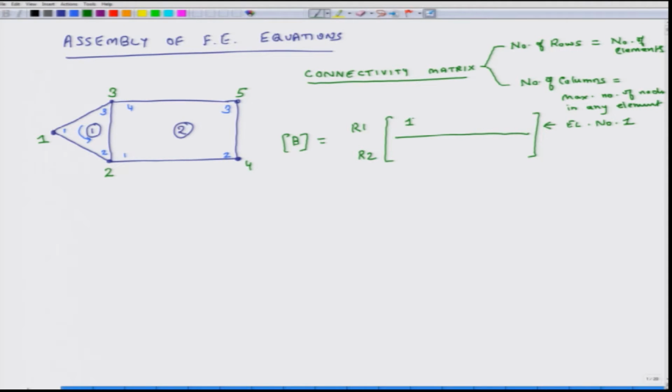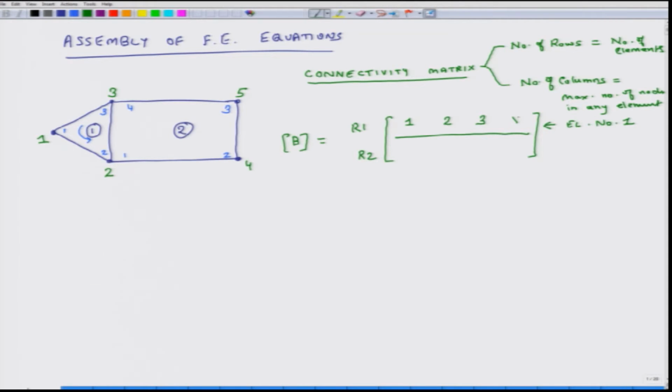So, that goes here. Then we look at the second local node number of element 1, it is 2, and corresponding to that the global node number is 2. So, we write down 2. Then we look at the third local node in triangular element, it is 3, and the corresponding global node is 3, the green. Okay. And because this triangle has only 3 nodes, but the matrix has how many columns? 4 columns.